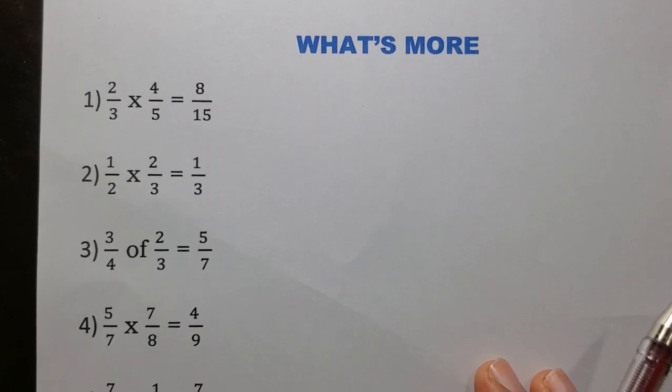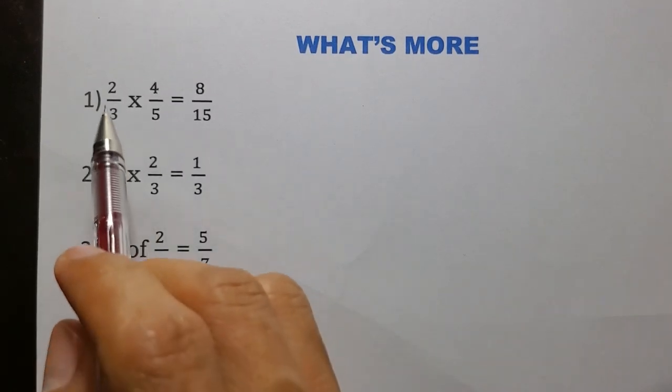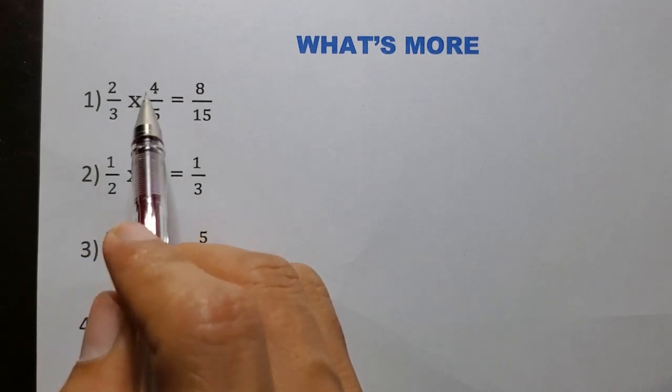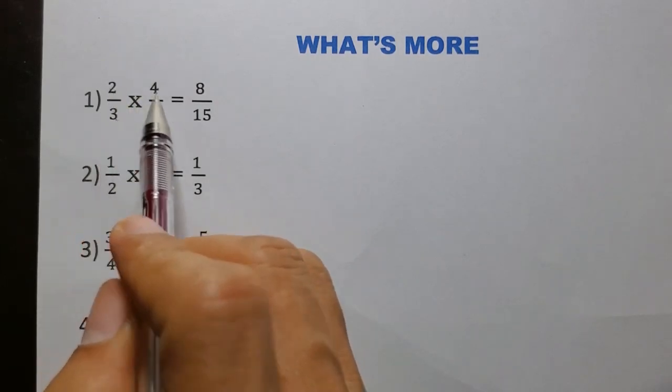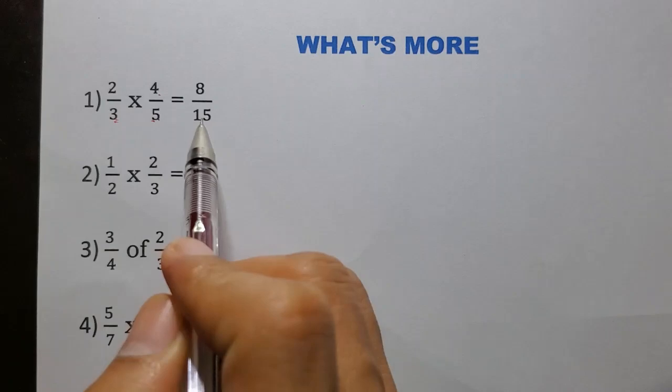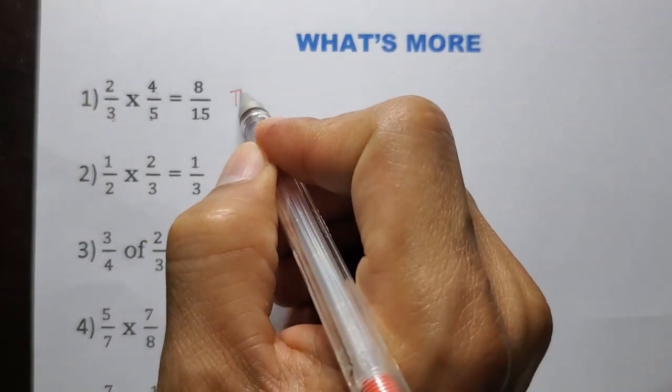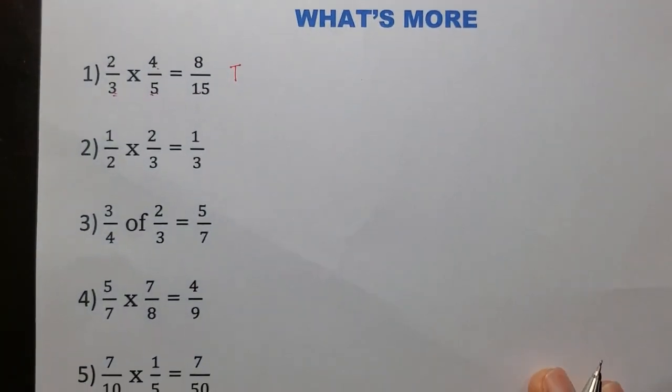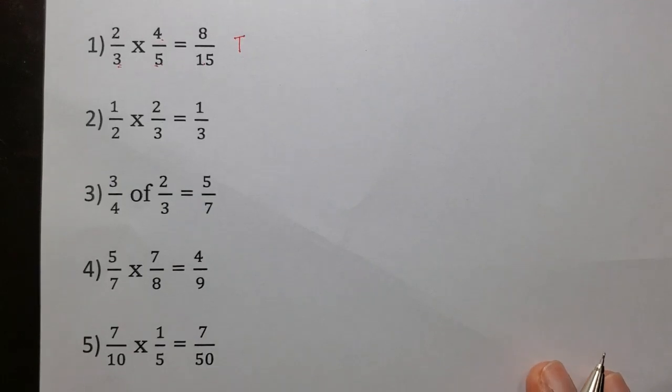I will give number 1 as an example, and the rest of the items you will do it. So if you will multiply numerator by numerator, denominator by denominator, 2 times 4 is 8, 3 times 5 is 15. So I think this is true because that's correct. So just write T if the answer is correct or true, and F if it is wrong or false.